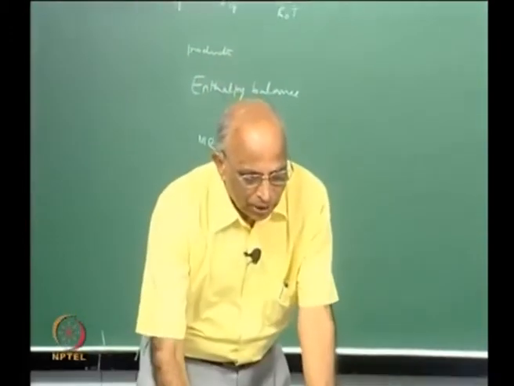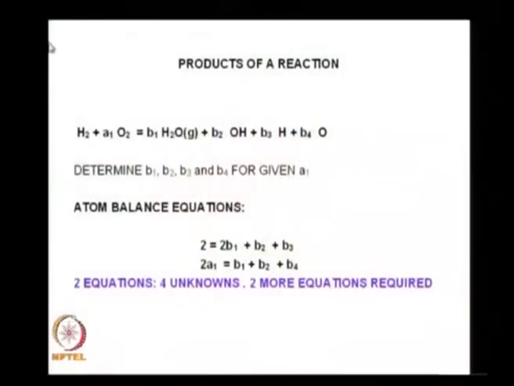Now to be able to get B1, B2, I must be able to get the atoms on the left hand side to be equal to the atoms on the right hand side, and therefore I say I have 2 atoms of hydrogen, which on the right hand side I get 2 B1 plus 1 atom here B2 plus 1 atom here B3.